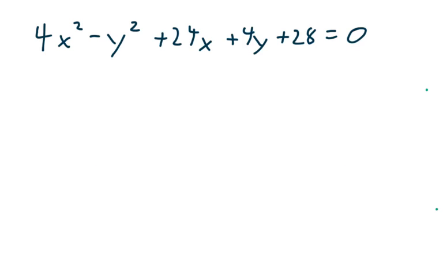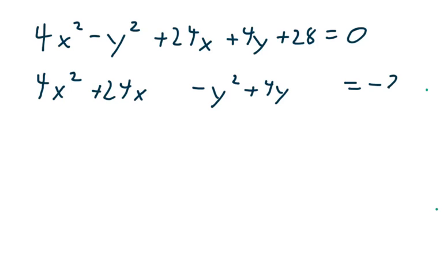Alright, the last problem that I'm going to do on this video is to put this into standard form. So step number 1 is once again to get the x's together, to get the y's together. And I'm going to move the 28 to the other side so it becomes -28. I'm going to factor out whatever's in front of the x.